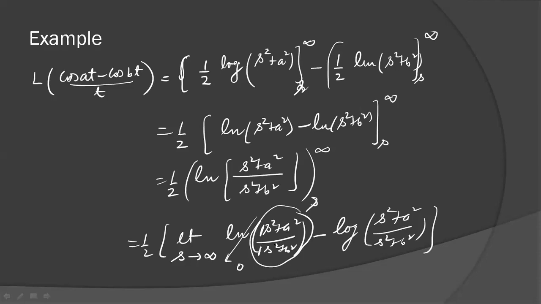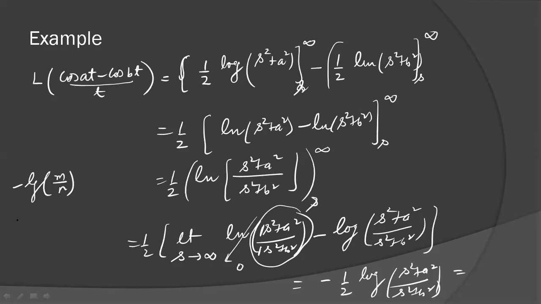If you use my limit chapter, I teach you the limit results there. So it will be minus 1 by 2 log (s square plus a square) over (s square plus b square). Take the negative sign inside. We know that minus log m by n equals log n by m. So it will be 1 by 2 ln (s square plus b square) over (s square plus a square).